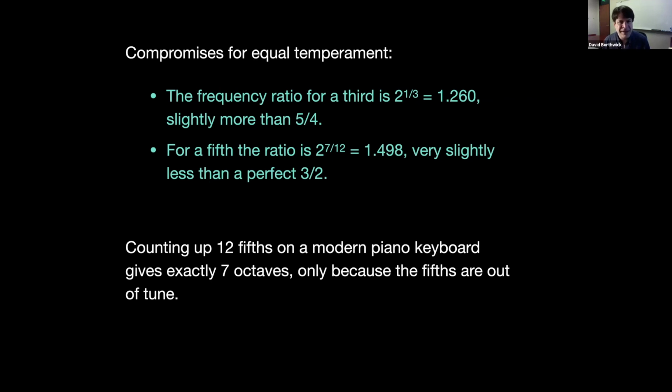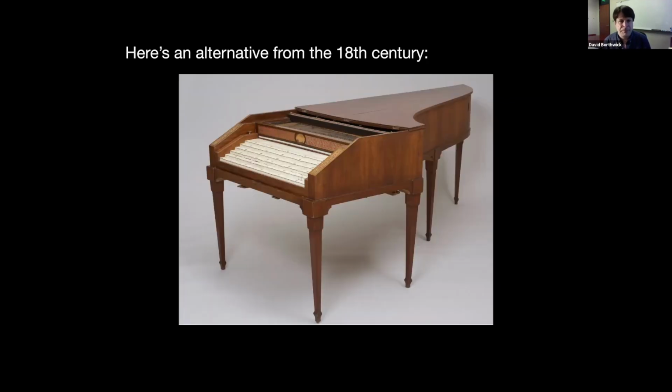So just to end, I want to point out that equal temperament was not the only possible solution. In the 18th century, people were trying to figure out a way to have keyboard instruments be better in tune than equal temperament. One solution was something like this, where there are actually, I believe, 6 rows of keys here, and each one is tuned according to just intonation, but from a different scale.